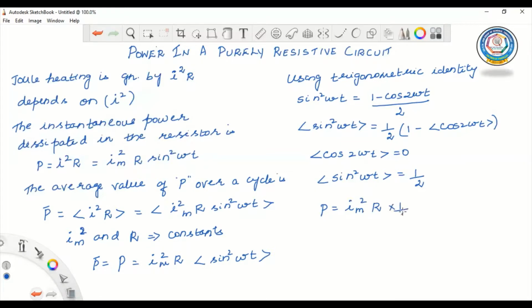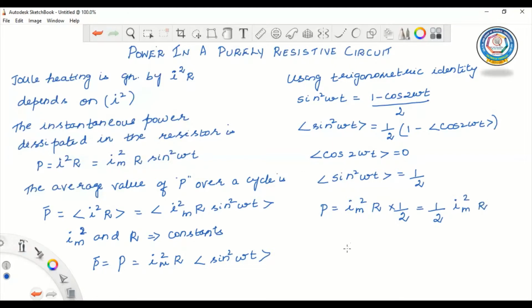So you can also write it as half Im square R. So please remember this: the average power in a purely resistive circuit is 1 by 2 Im square R.